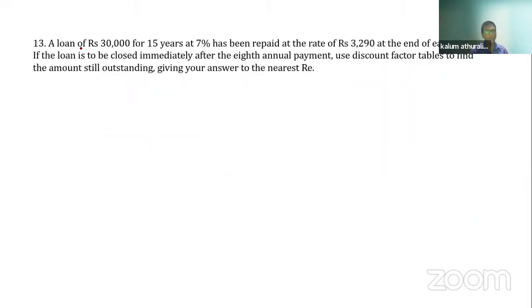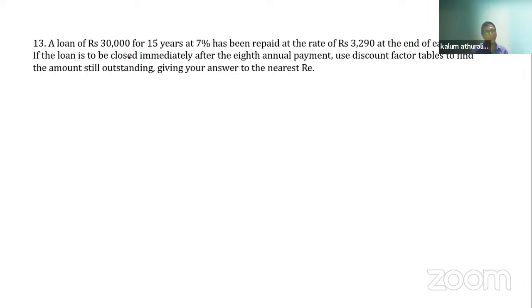Question 11 of 30,000. A loan of 30,000 for 15 years at 7% has been repaid at the rate of rupees 3,290 at the end of each year.